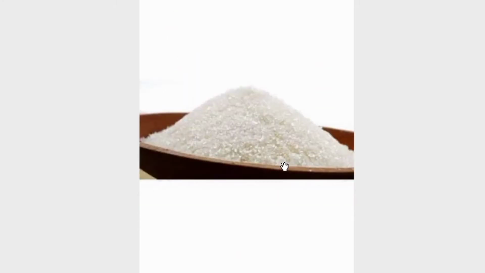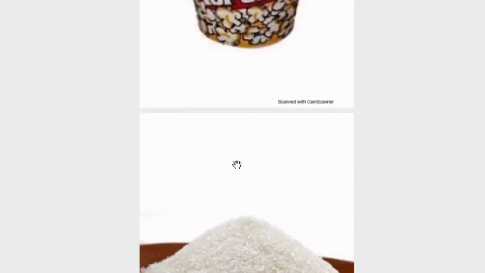Let's see. So here you can see 1 kilogram popcorn, 1 kilogram sugar. Now for which of these we need a bigger bag? For 1 kilogram popcorn. Yes, you are right. For 1 kilogram popcorn, we need a bigger bag.